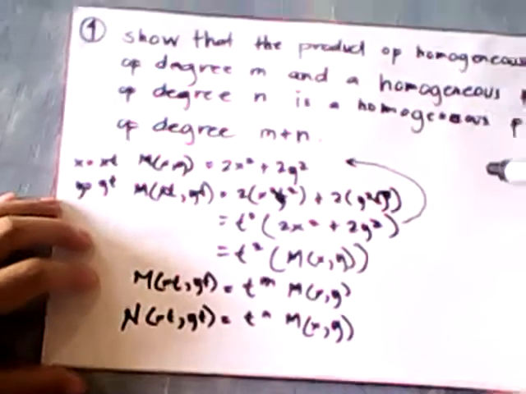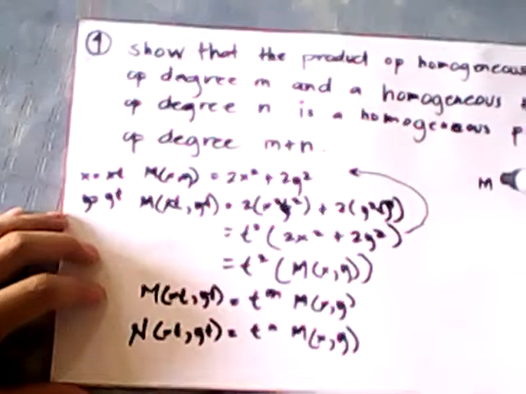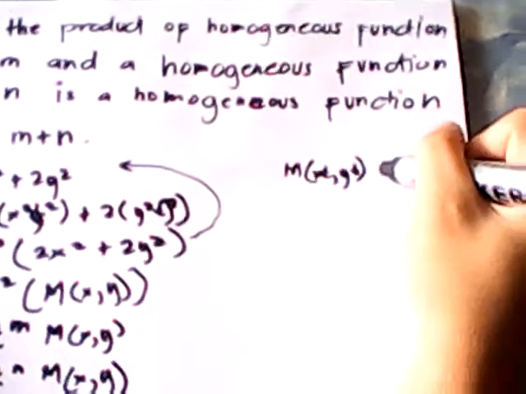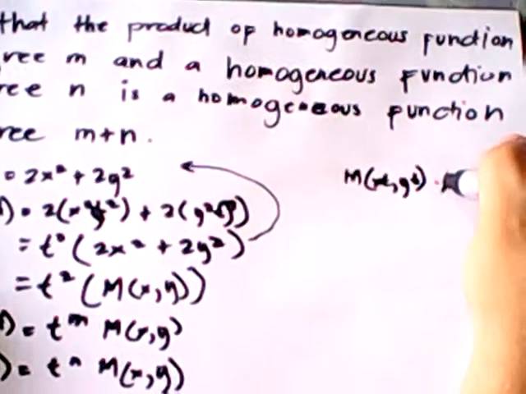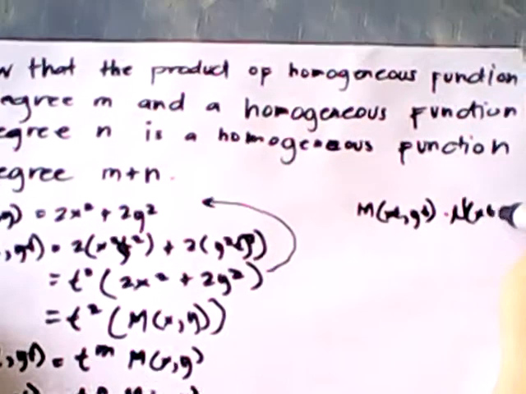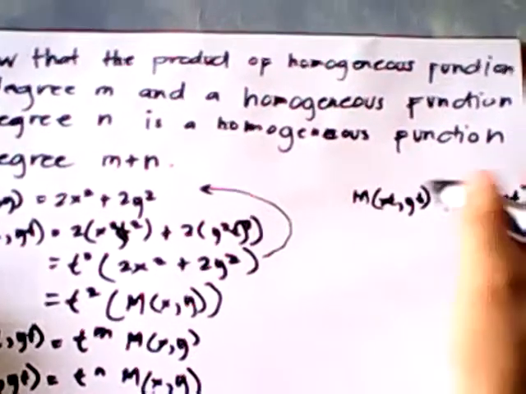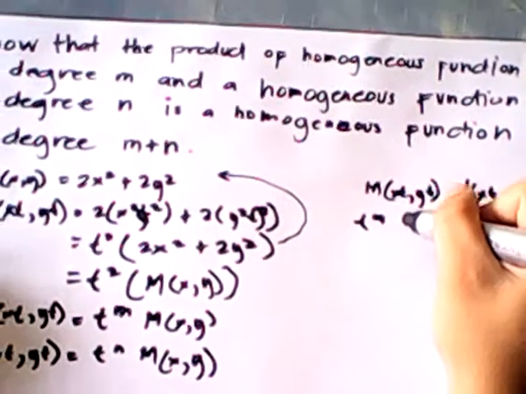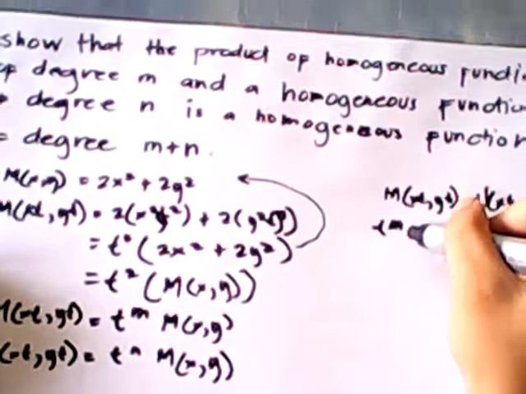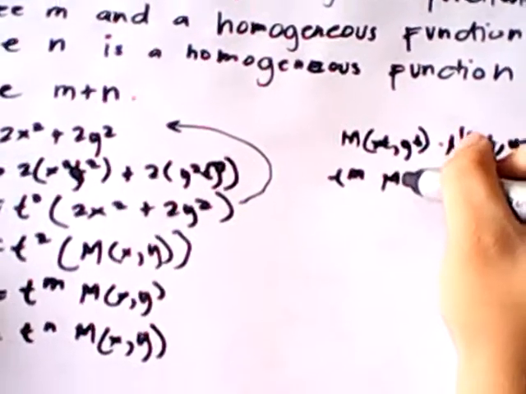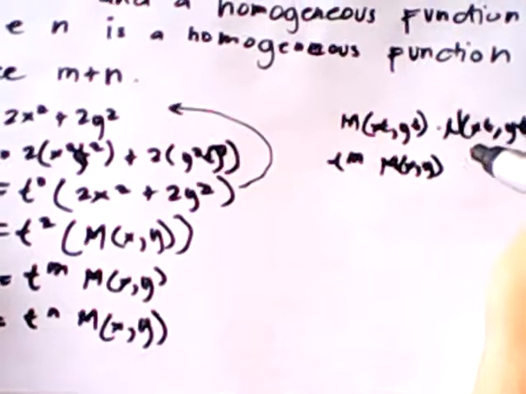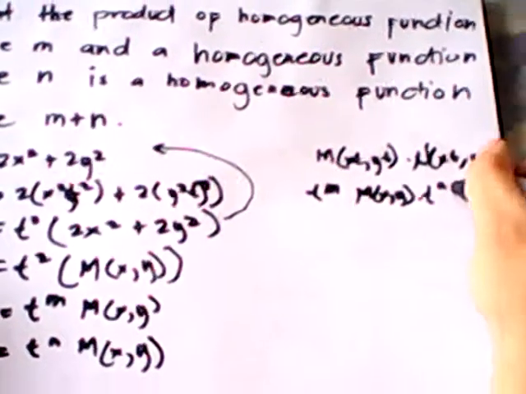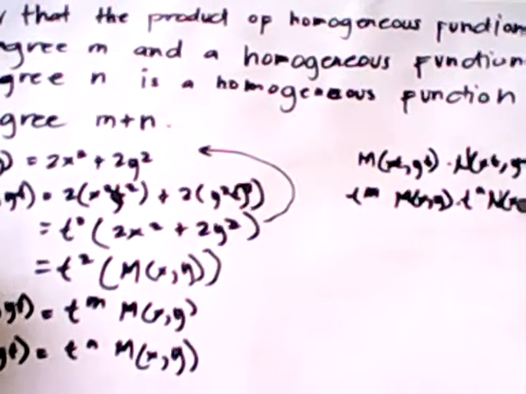You can write this as m of tx, ty times n of tx, ty. This is t to the m times the function m of x, y times t to the n times the function n of x, y.